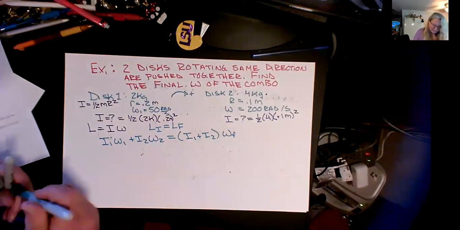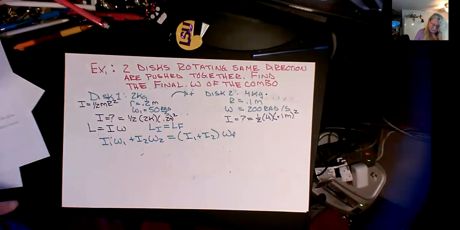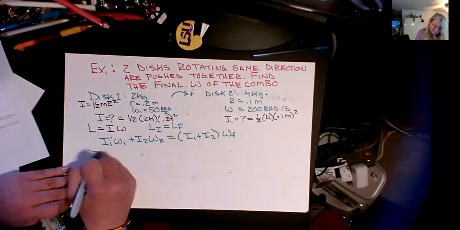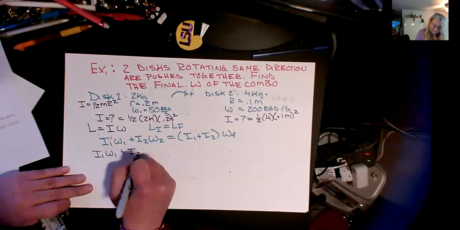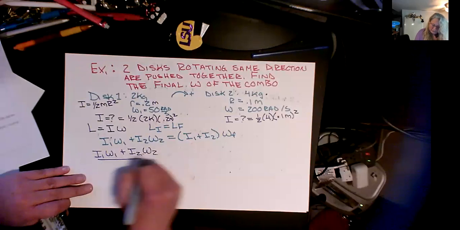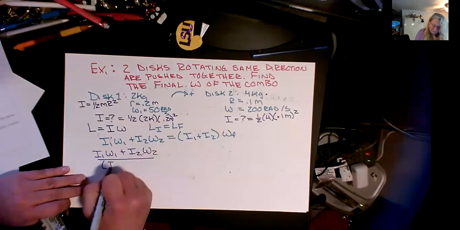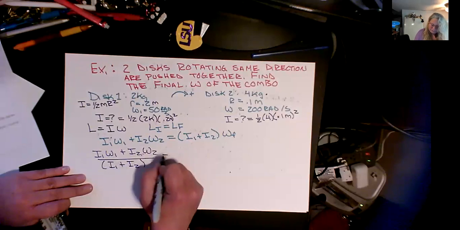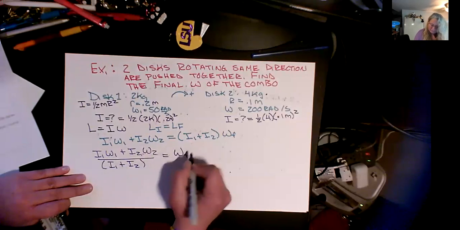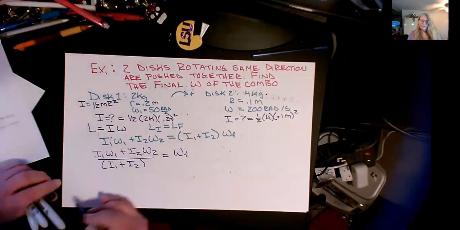So I can rewrite this: I1 omega 1 plus I2 omega 2, divided by I1 plus I2, equals omega final, or omega prime, however you want to define that.